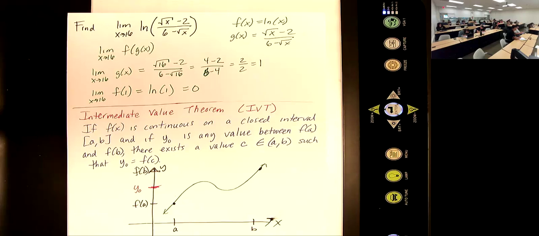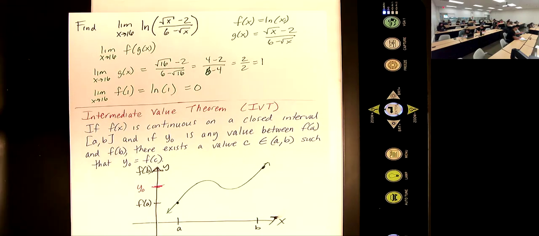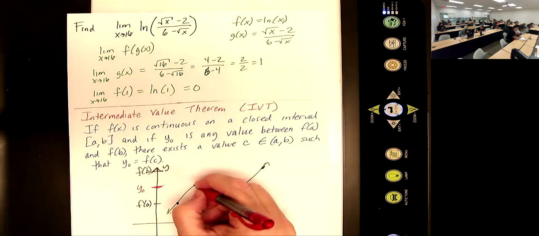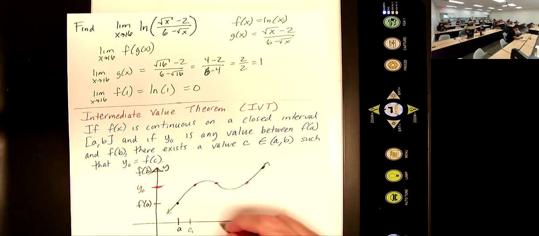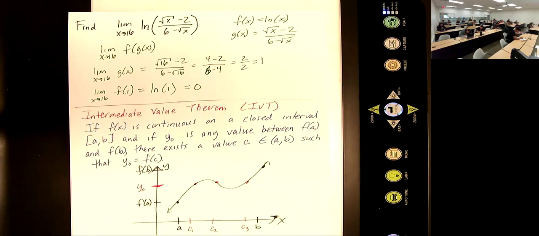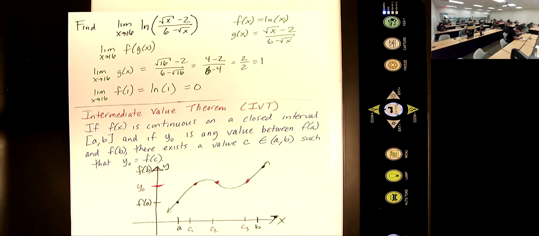It says if y naught is between f of A and f of B, there has to be some value x equals c. Maybe this is C1, C2, this is several spots here, C3. Where there's an x value that works.